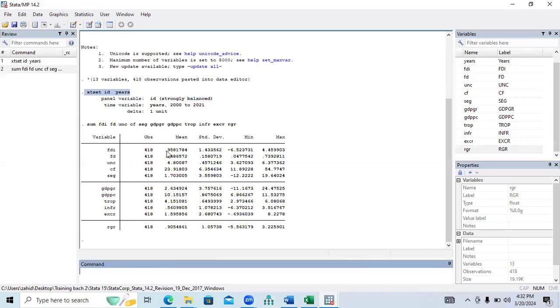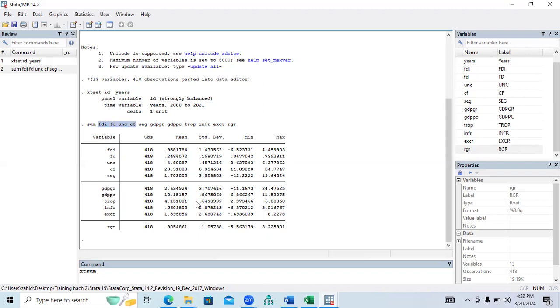Here you can find the mean values and the minimum and maximum values. But in case of panel data, this sum command becomes xtsum. So you need to use xtsum instead of simple sum.